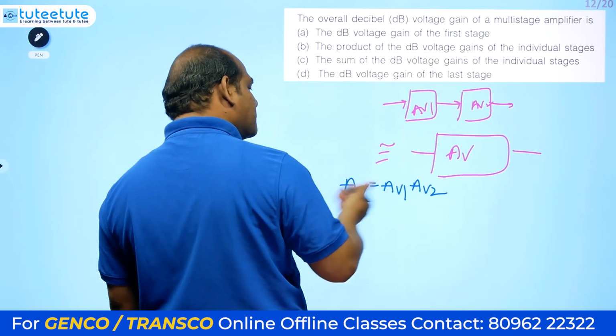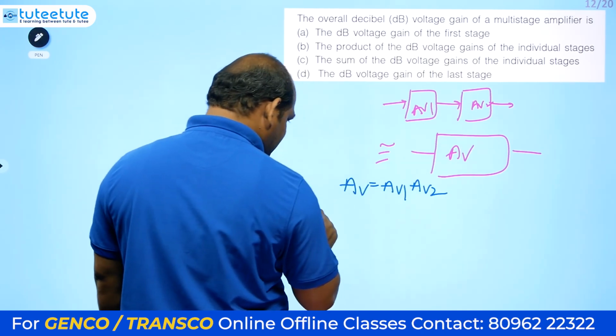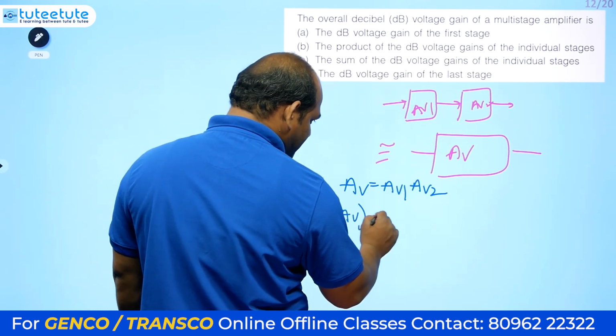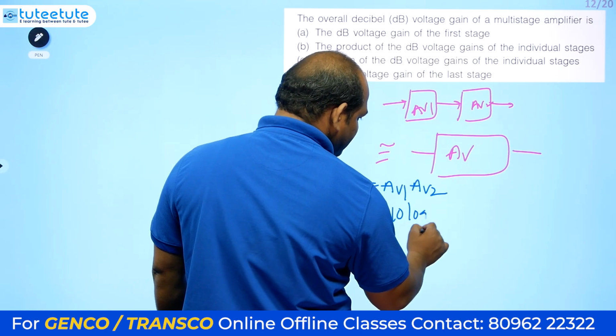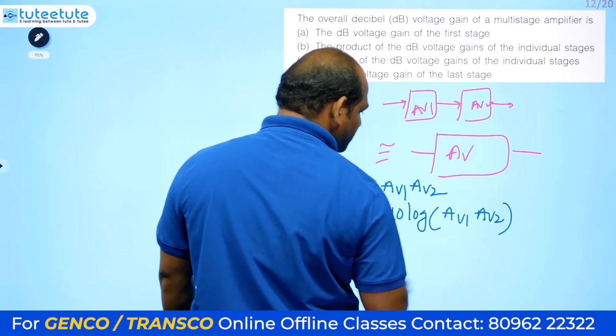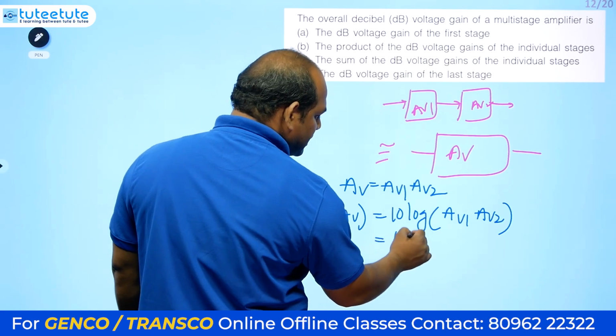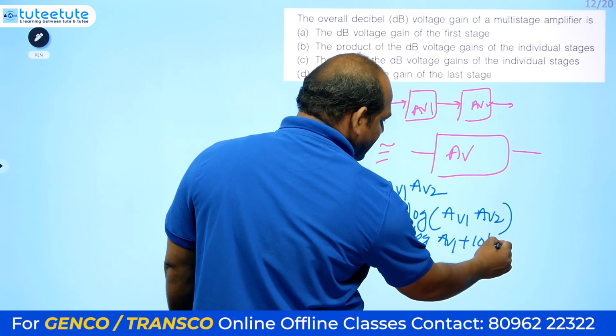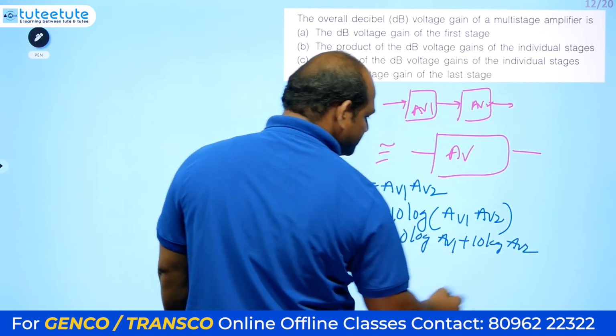Now you convert into dBs. When you convert into dBs, we have to take 20 logarithm for voltage gain. So the logarithm of AV is equal to the logarithm of AV1 into AV2, which is equal to the logarithm of AV1 plus the logarithm of AV2.